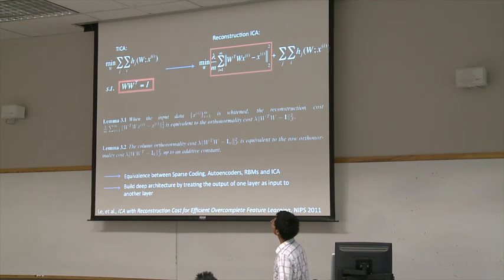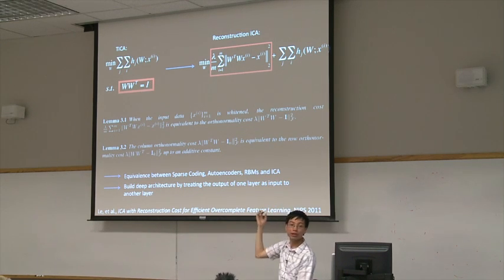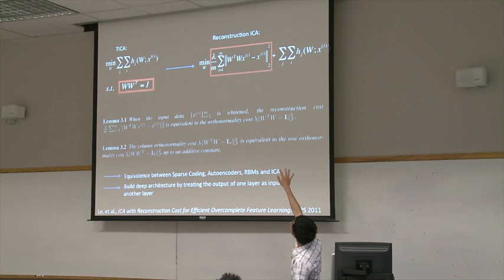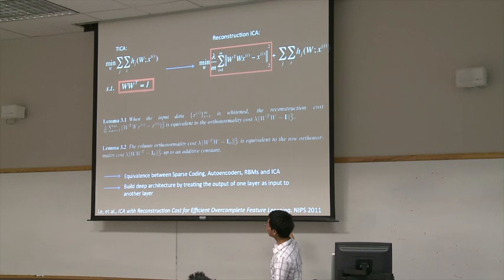The reconstruction constraint says this: I want to find my W's such that W times X, and then W transpose of that, would be similar to my X. I want to minimize that objective in addition to the sparsity objective, so it's a combination. It's going to be a soft constraint instead of a hard constraint. And in our NIPS paper, we prove a sequence of lemmas to derive the connection between this algorithm and that algorithm.